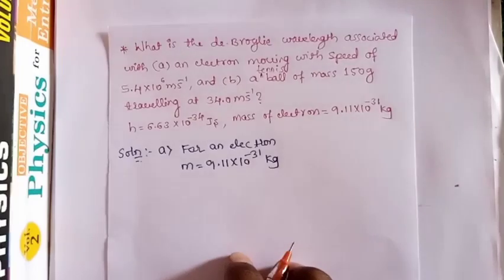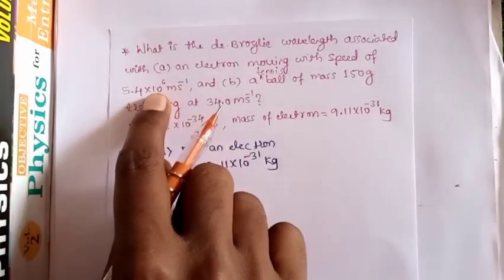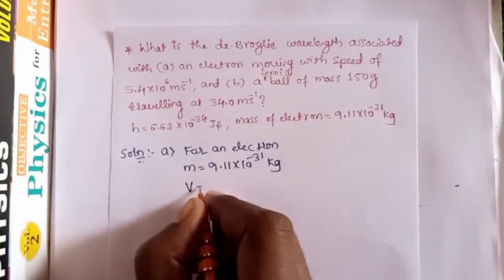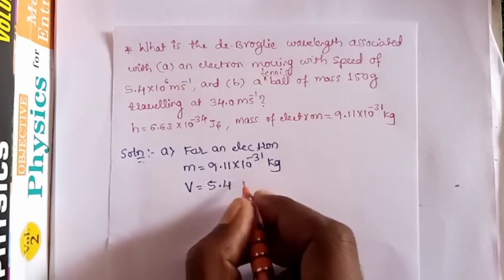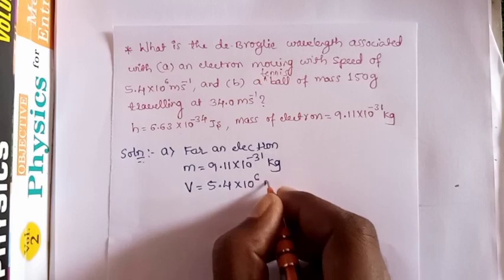Okay, and what is the velocity of the electron? That is v = 5.4 × 10^6 meter per second.